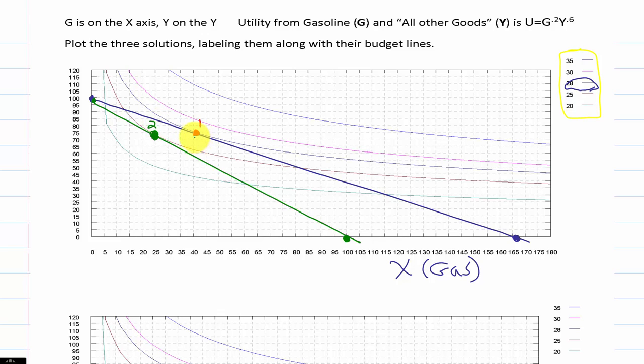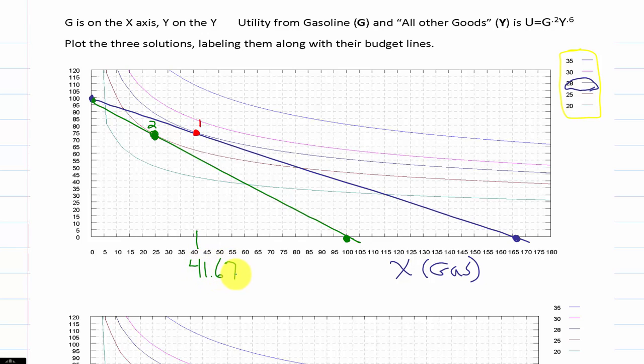So we're seeing here that when the price goes up, of course, you're going to buy less. Now, part of this exercise is before the price increase, people are buying 41.67. So let's write that down here, 41.67.